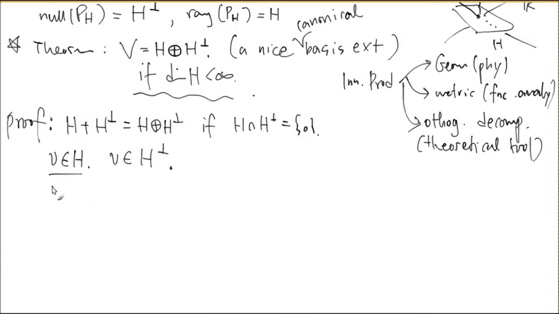And knowing this fact, what do you know about the projection of this one? Are you sure that's going to be v? Chris is very sure. That is it. So we got that. What about this one? What do you know about the projection of this one? Why is it 0? That was the kernel. That was the null space, H perp, right? But these two things have to be the same. So v must be 0.